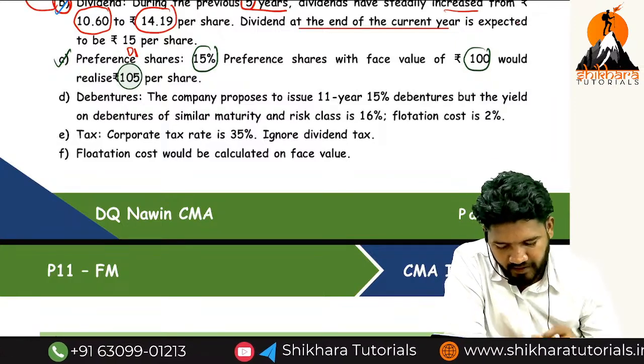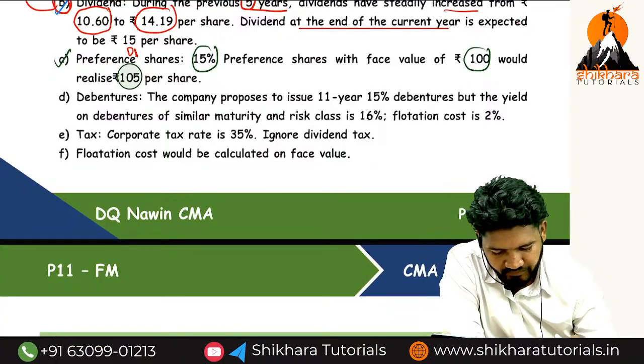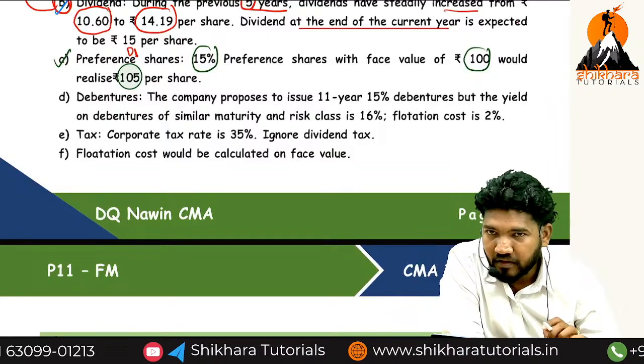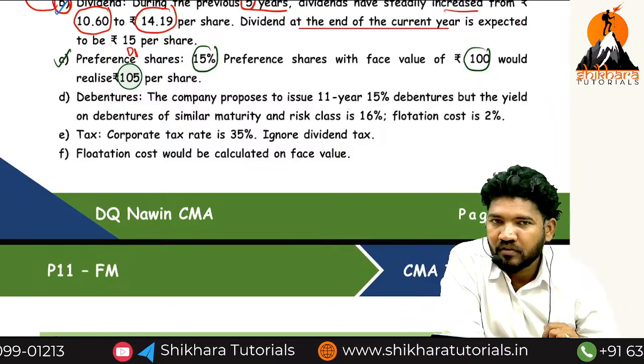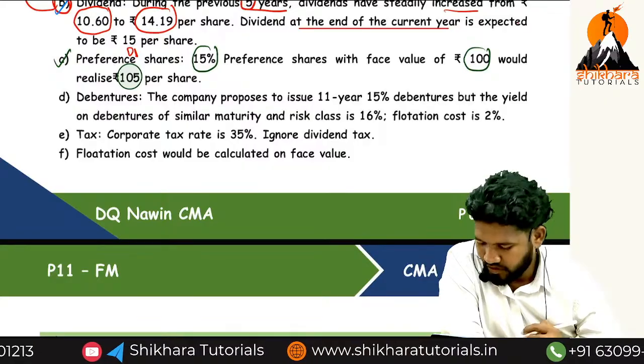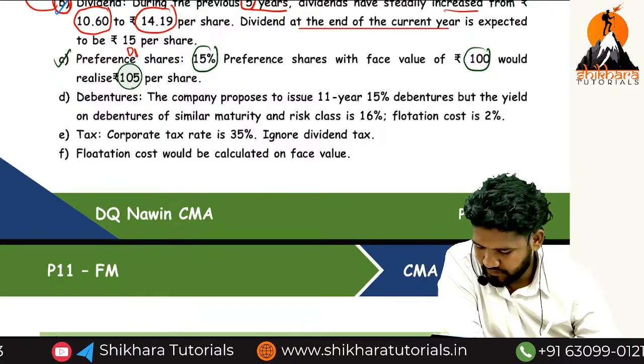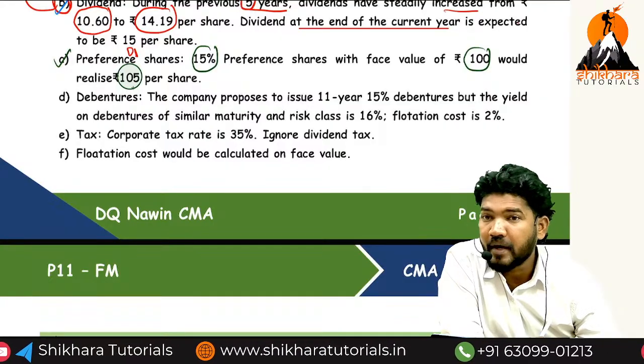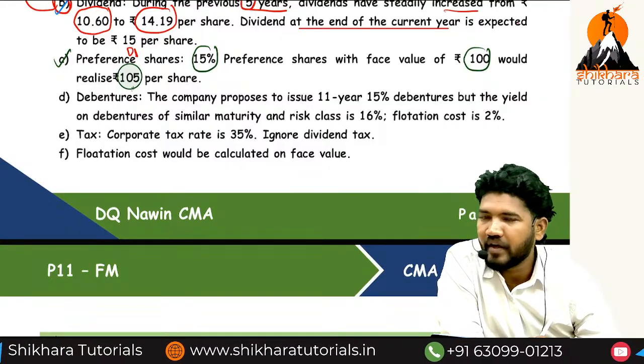Based on this, tell me, Nana, redeemable or irredeemable? Redeemable. Why? There is no number of years. Can I name it net price? Net proceeds. Yes or no, sir?